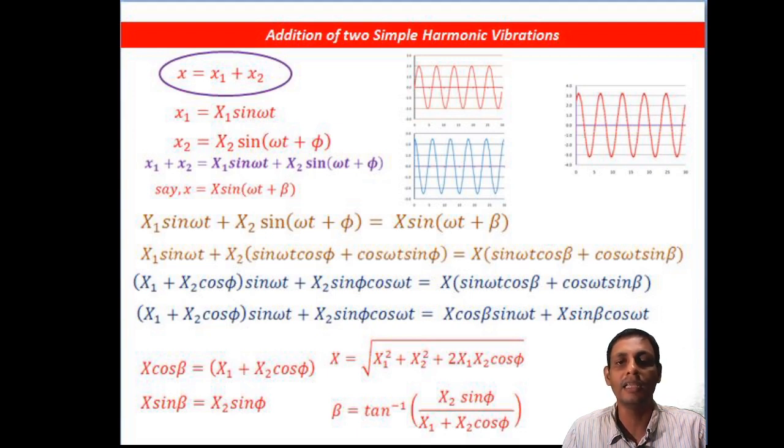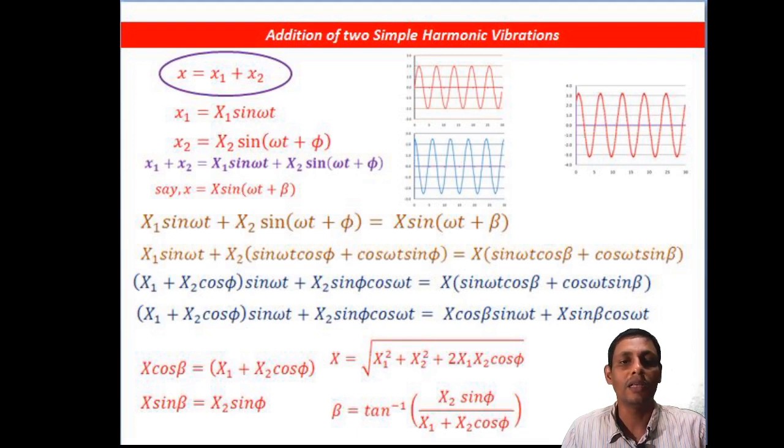Simply expand the parameters sin(omega t plus phi) on both sides. Now here the expansion gives some coefficient for sin omega t and some coefficient for cos omega t.